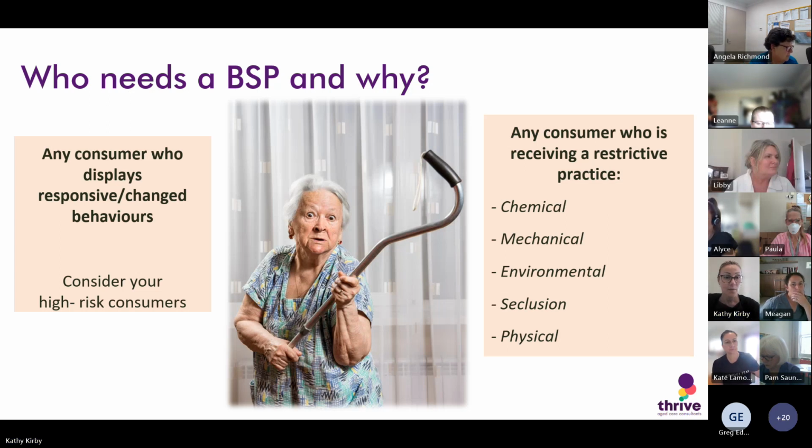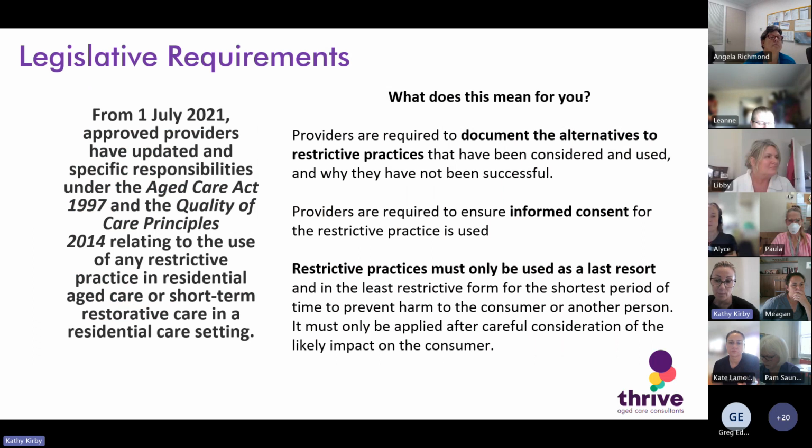And this is a legislative requirement. From July 2021, it was required that any resident who is receiving a restrictive practice, or you're considering using a restrictive practice for, must have a behaviour support plan in place.